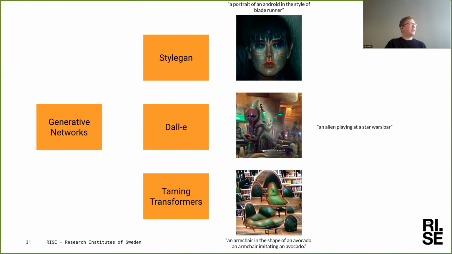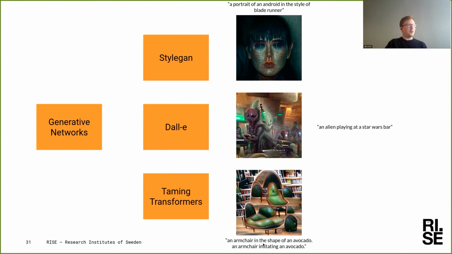So here are some examples of things I made. The first one up here is with StyleGAN. It's a portrait of an android in the style of Blade Runner. Here is one with the Dalle encoder. It's an alien playing at the Star Wars bar. This is not super semantically coherent, but you have some kind of Wookiee and the feeling of a Star Wars bar, I think. And here is an example from the Dalle paper: an armchair in the shape of an avocado, an armchair imitating an avocado.